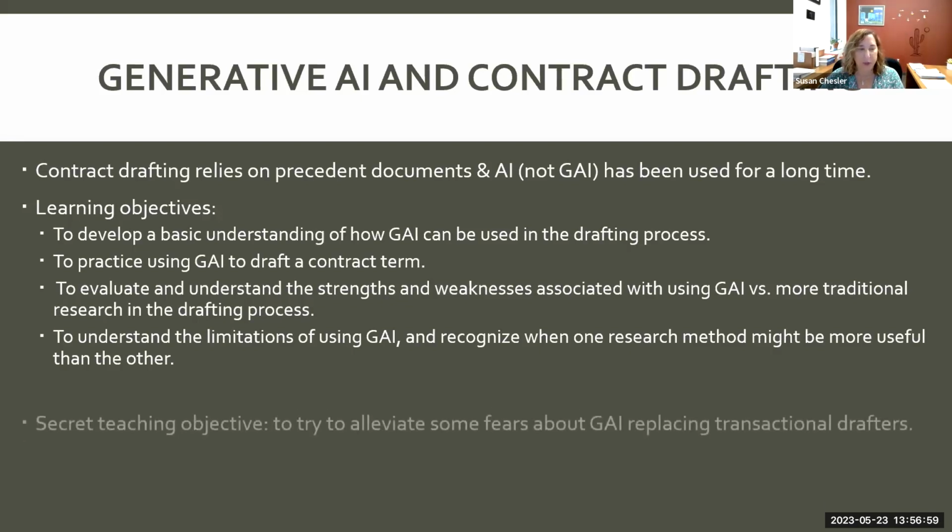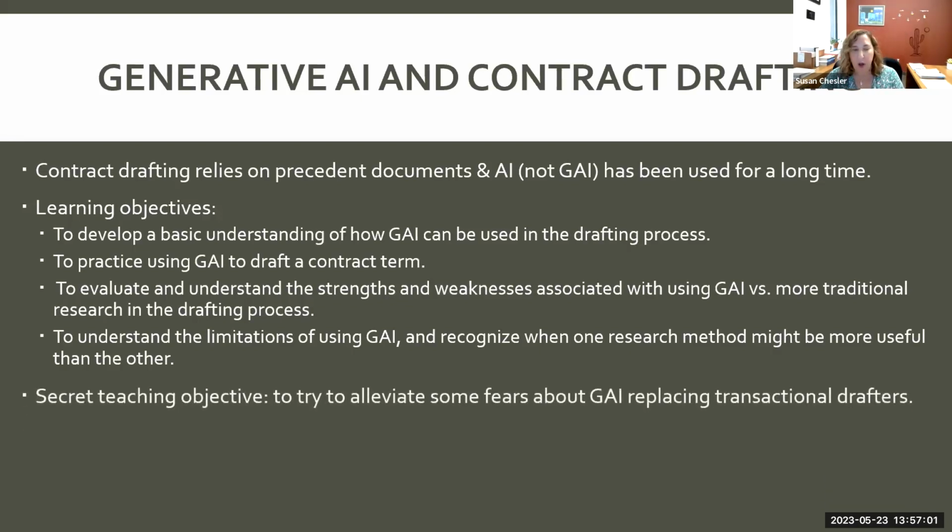I also had a secret teaching objective, which was to try to alleviate some fears about generative AI replacing transactional drafters. I think the fear of generative AI replacing contract drafters or other types of transactional drafters is even greater than the idea that it can replace a brief writer, because transactional drafting is seen as a less creative activity.